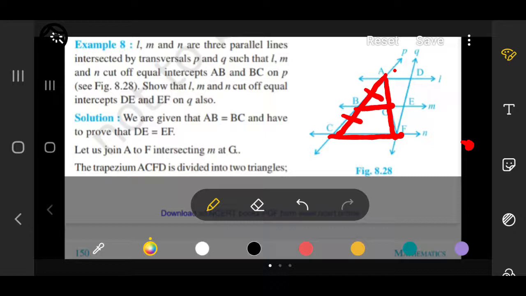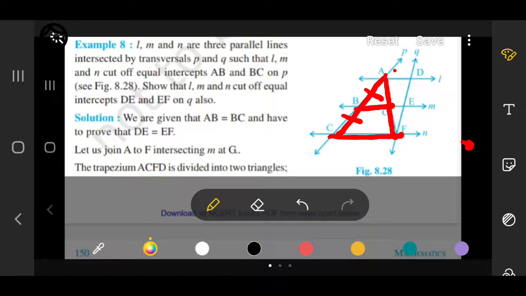In triangle ACF, the line BE is passing through the midpoint of AC, and that line is parallel to CF. That is, the line passing through the midpoint of one side and parallel to the second side bisects the third side. Which is the third side?